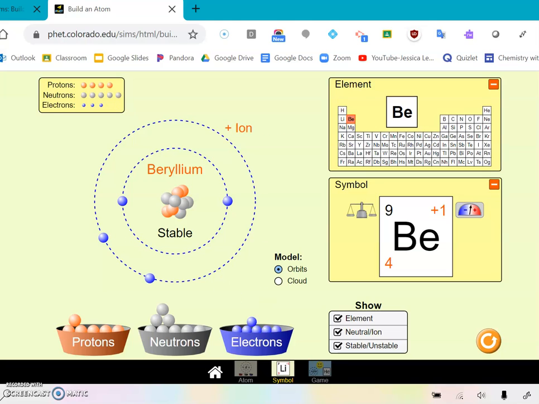You can remove, add, drag, drop, and one of the things that I really like it for is that it has this game mode inside, and you can quiz yourself on how that all works. All right, so that is protons, neutrons, and electrons.